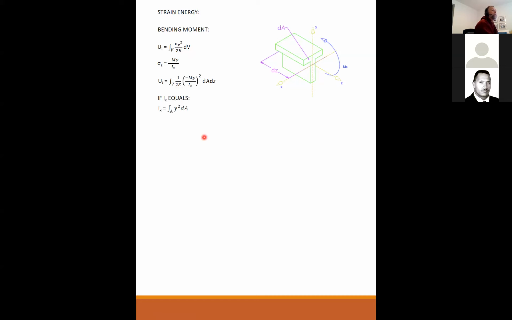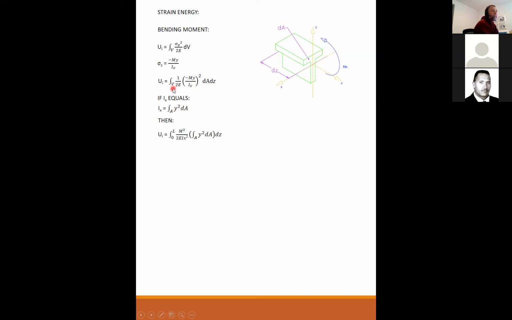Now remember, the moment of inertia is equal to the second moment, so it's the integral of the area times y squared dA. That being the case, this is Ix squared right here, and so I can take Ix squared out. The integral of y squared is right here times dA, so I can pull those together.